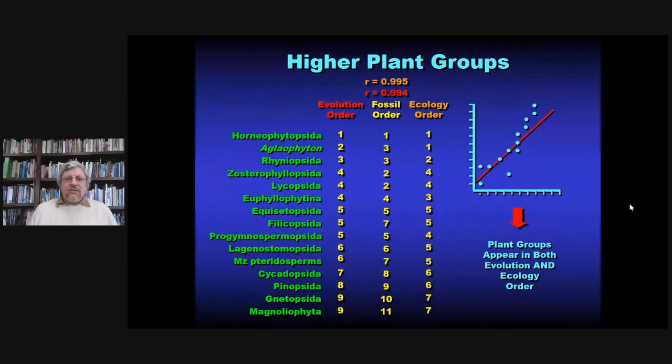When we do another correlation, we find basically the same correlation, a teeny bit better. So it appears that plant groups in the fossil record appear in both an evolutionary order and an ecological order. So we have potentially an alternate explanation.